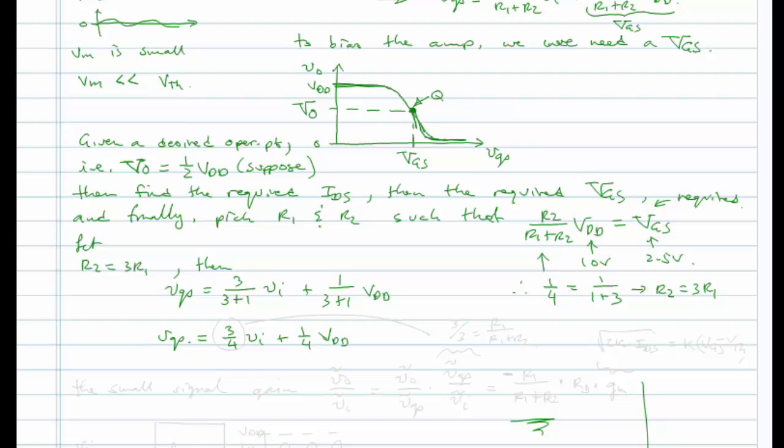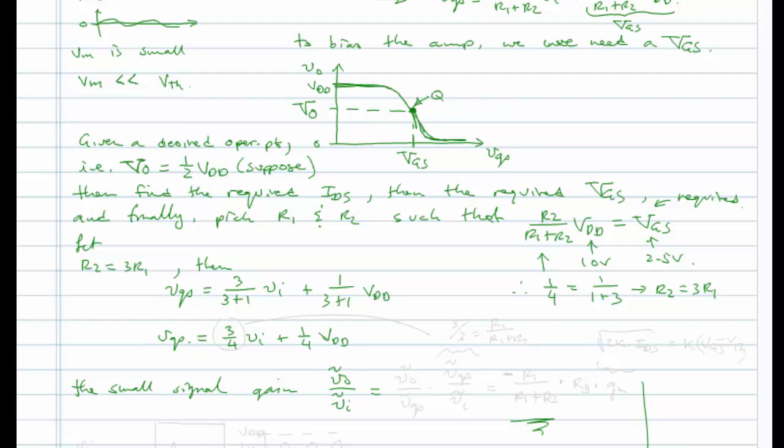So now, when I want to find out what the gain of the amplifier is, I would say the small signal gain VO divided by VI, all right, not VO divided by VGS. But now, if we think of the entire amplifier, from what goes in from the input source or the signal, input signal VI, to what comes out the other end, it's going to be the ratio of small signal VO to VI.